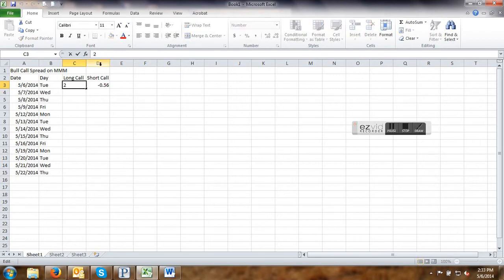We'll come back here to our spreadsheet, and the short call is going to be 56 cents. Actually, probably a more basic way to do this is, since I'm buying this one, that's money going away, and since I'm selling this one, that's money coming to me.